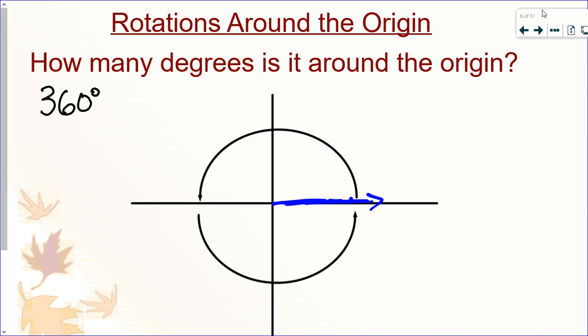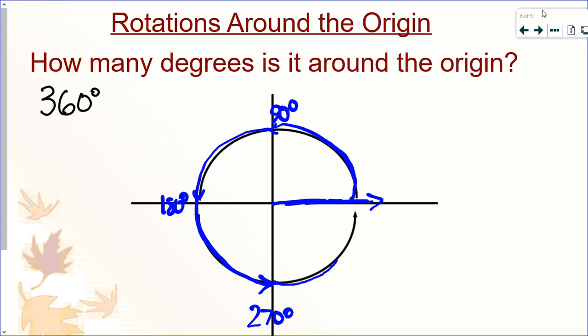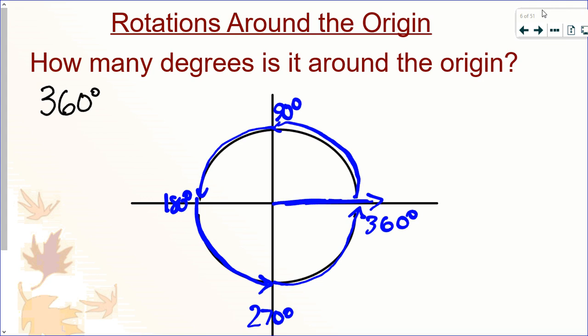If we go up from here, here is our 90-degree mark, and then another 90, so that's our 180-degree mark. Another 90, 90 plus 180 is 270. And then if we finish off our rotation, 270 plus another 90 gives us our 360. So that is one trip around the unit circle. Again, 90 and then 180, 270 and then 360.